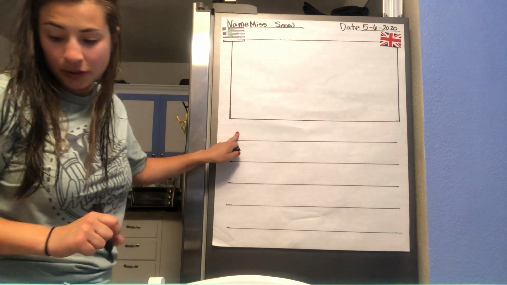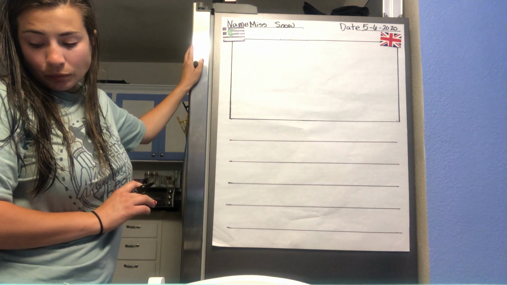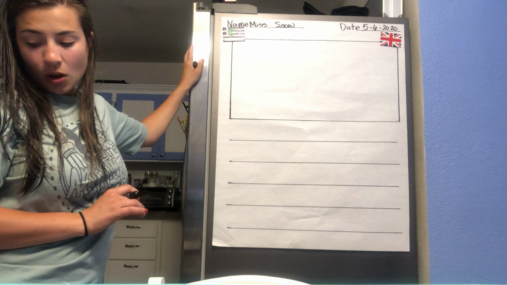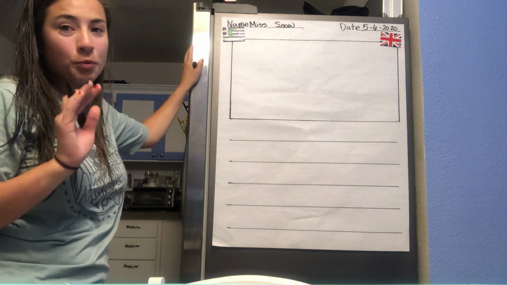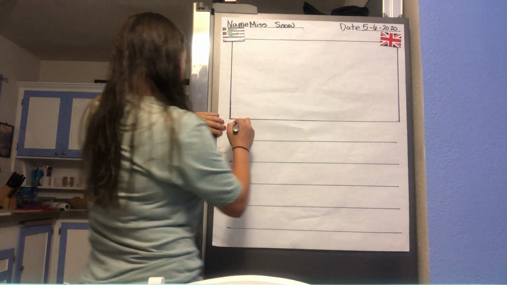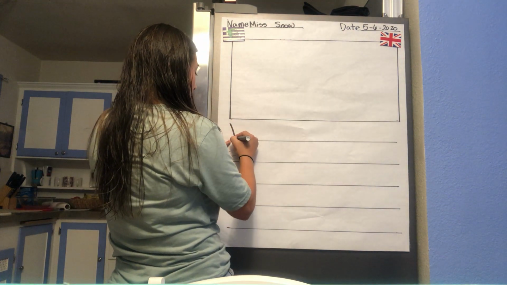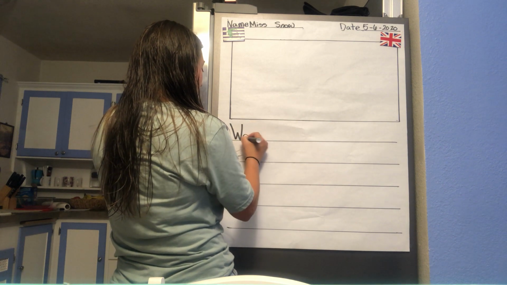Here we go. I'm going to start writing my sentence. I'm going to say, we can look for birds in a nest. Ooh, the sentences are getting a little long. Uppercase W to start off my sentence.